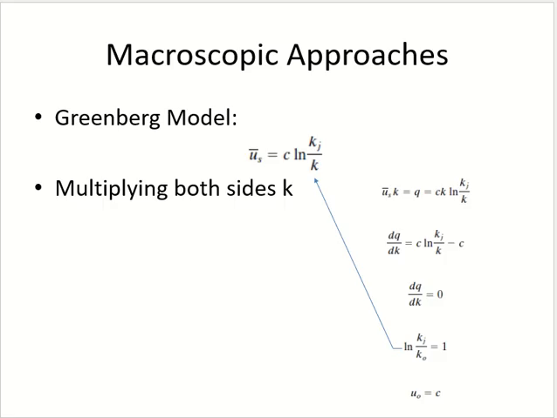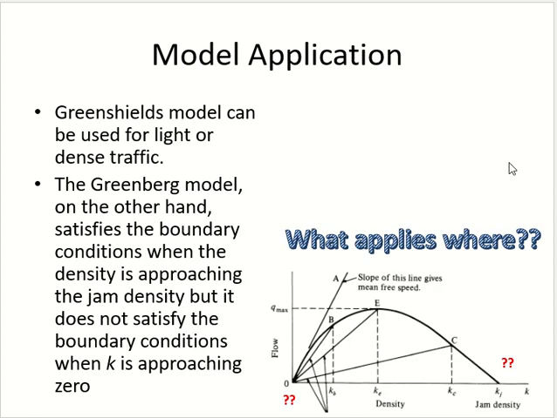That means everything is at capacity, so we replace K with K naught and U with U naught. Got it? So C is the space mean speed at capacity.